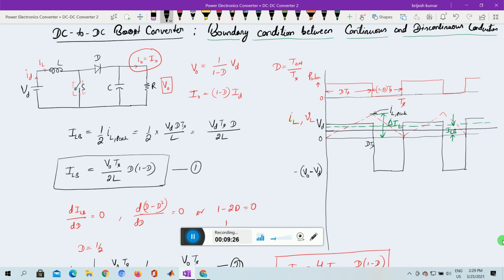Since this is the case of the boundary condition, we will get our average value of the current. So we need to know what is the value of I0B at boundary condition.